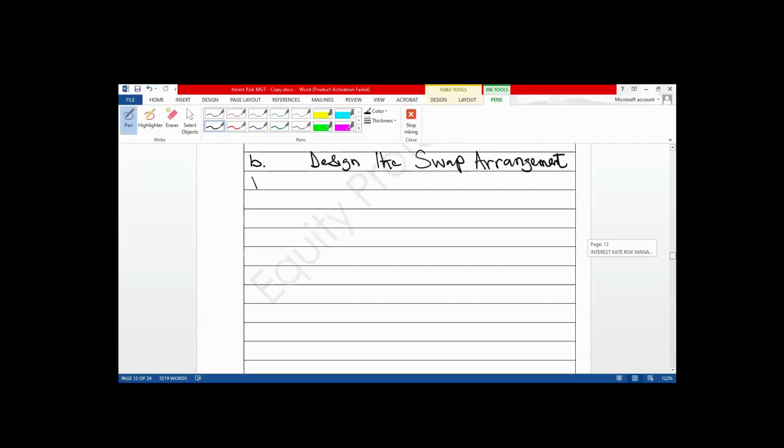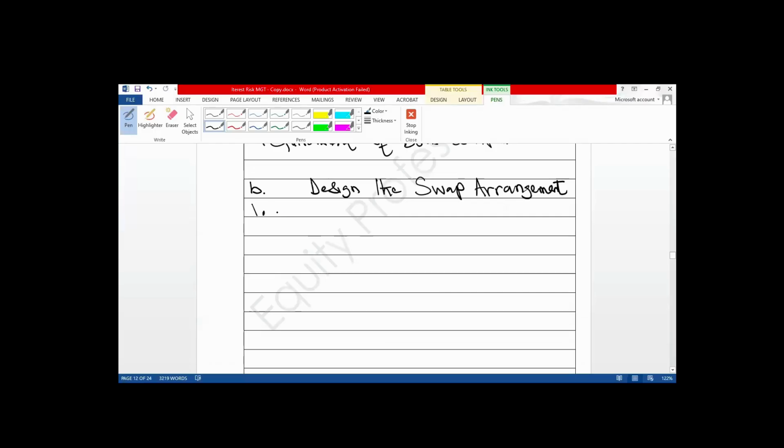Number one, Magda will borrow directly at fixed rates, 6.0%. Two, once one company borrows at fixed, the other company must borrow at floating.